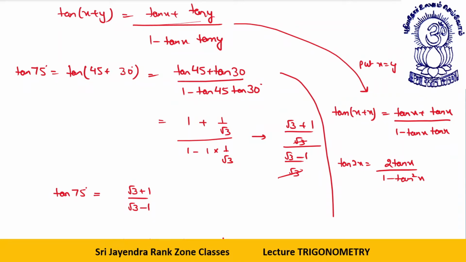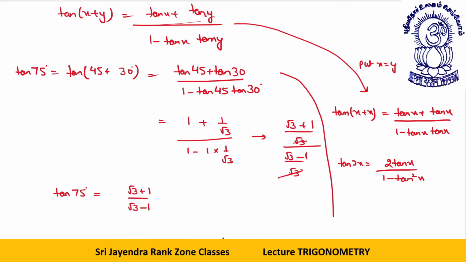Now this is entirely up to you. You can write this root 3 by 2 as sin 60, sin 60 cos 24 minus this half as cos 60 sin 24. This is half of sin A cos B minus cos A sin B, that is sin(A−B), or half sin(A−B).